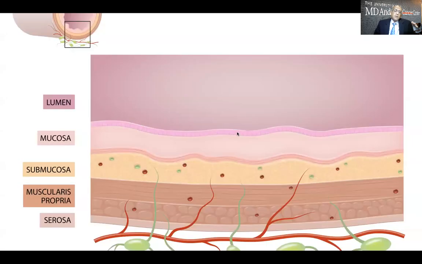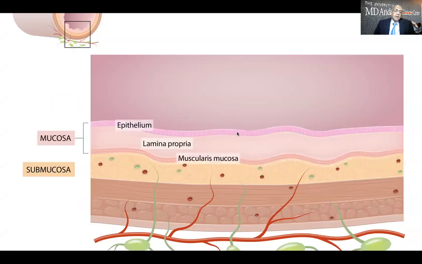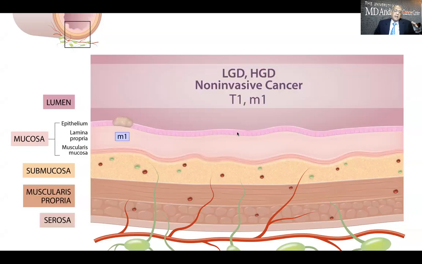So let us go back to the basics, and it's important to understand the anatomy of the colon wall. As you can see here, the mucosa has epithelium, lamina propria, and the muscularis mucosa separates the mucosa from the underlying submucosa. And let me take you through the stages of colorectal neoplasia.